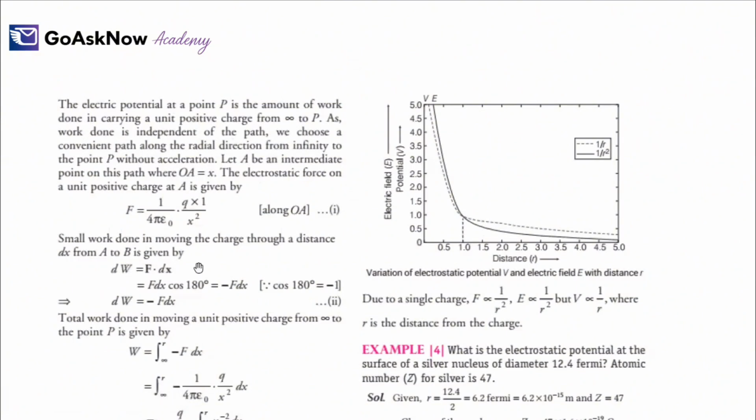Small work done in moving the charge through a distance dx from A to B is given by dW equal to F dot dx, which is equal to minus F dx.